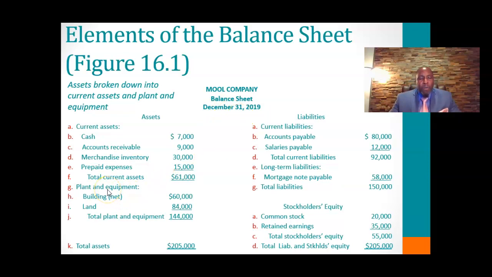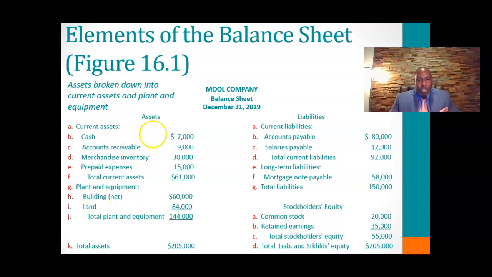Plant and equipment assets are referred to as long-term assets. These are assets being used by the company for operational purposes in order to earn revenue, income for the business organization.